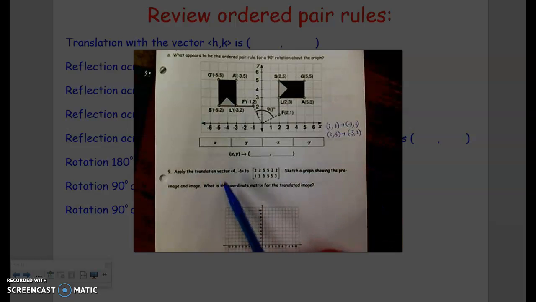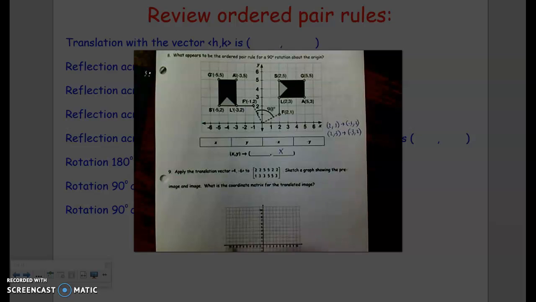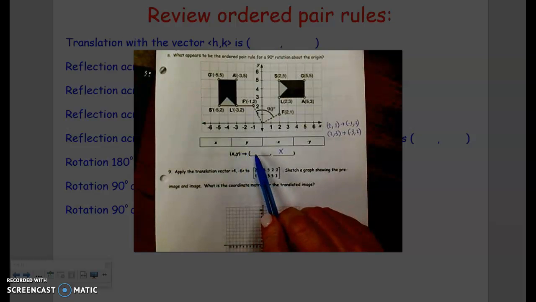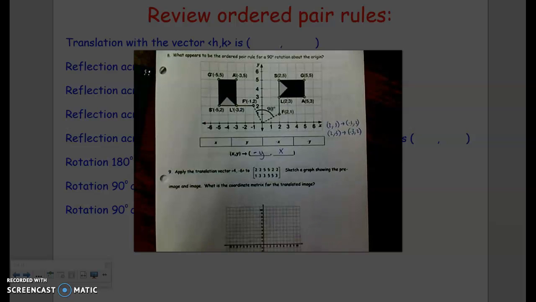So how would we write that as a generic rule? We have a generic point (x, y). We know we want the X to end up in the Y spot, so this should just be an x. We want the Y to end up in the X's spot, but remember we want it to change its sign. So we have that negative sign in front, but we read it as the opposite of y.